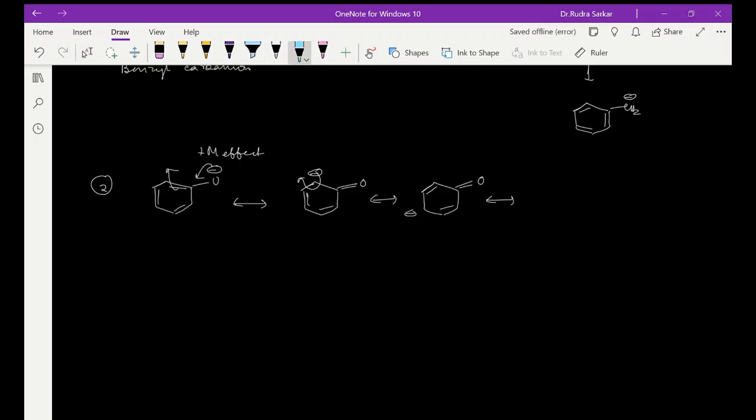Next topic, when the pi bond is conjugated to an atom having an odd electron.